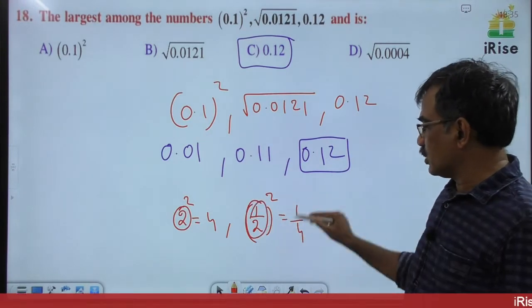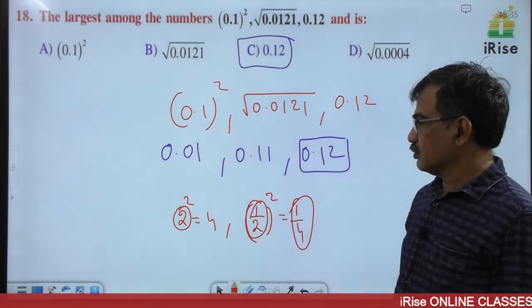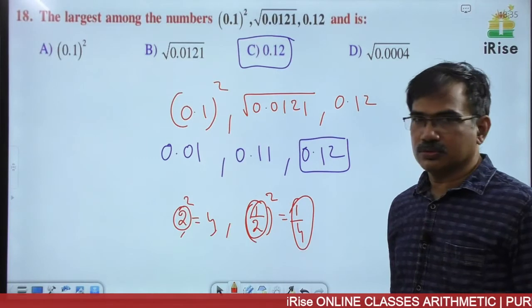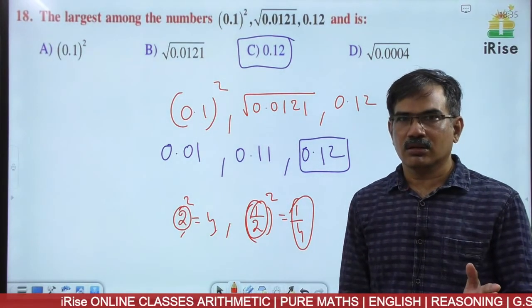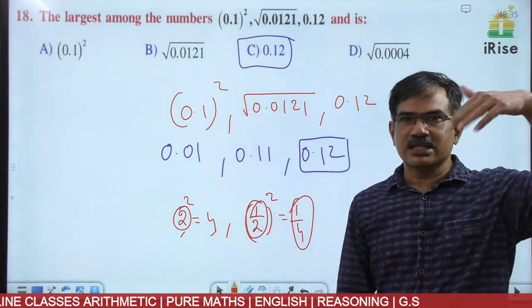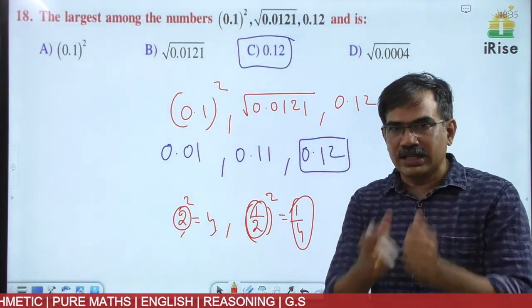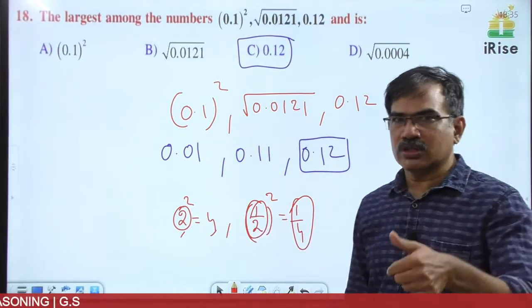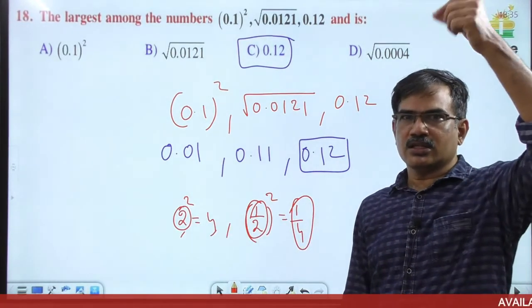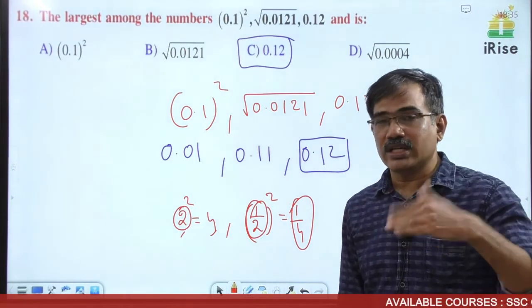For example, 1 by 2 is more than 1 by 4, because 4 is more than 2. If the value is less than 1 and the power increases, 2, 3, 4 like that, the value decreases. And if the value is more than 1, as the power increases, 2, 3, 4 like that, the value increases.